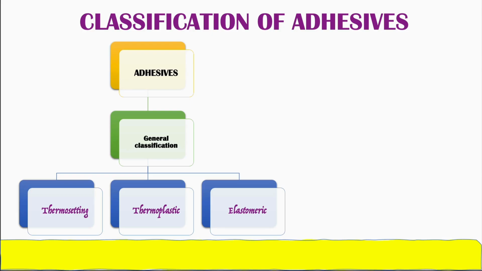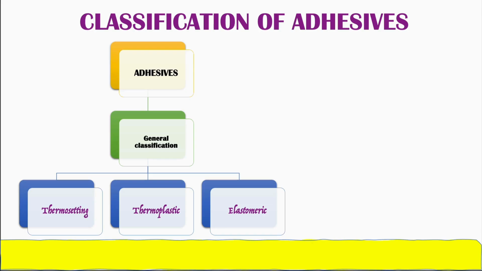So likewise, we have adhesives also. And the cross-linking is irreversible here. Therefore, these thermosetting adhesives cannot be reprocessed. We cannot remelt them and reuse them. That is impossible for thermosetting adhesives. The cross-linking is achieved in the curing process, which is initiated by heat, or by using some chemical agents, radiation, or even the evaporation of solvents can lead to the cross-linking of the polymeric chains.